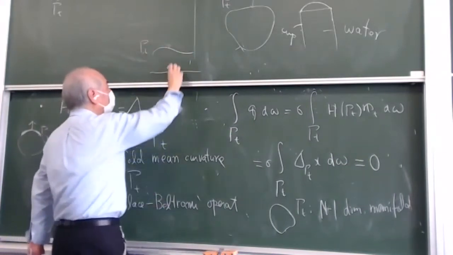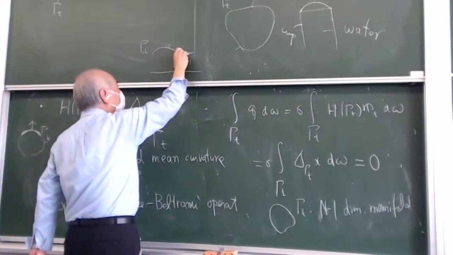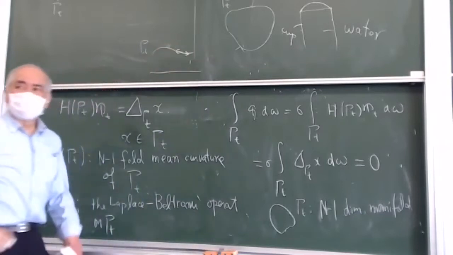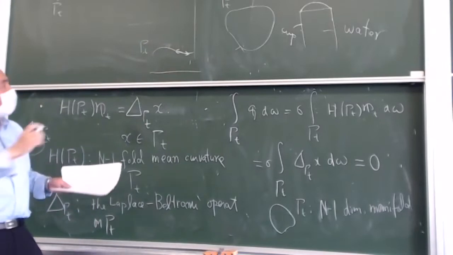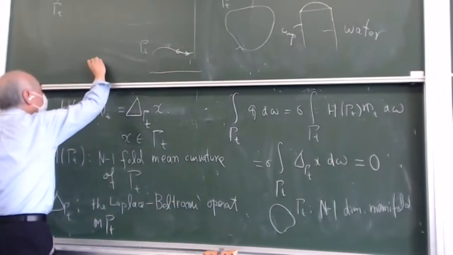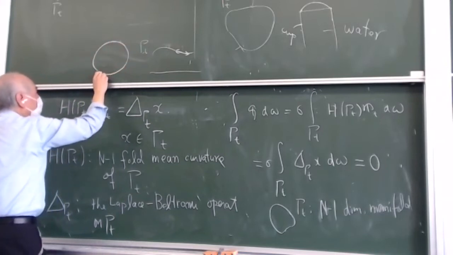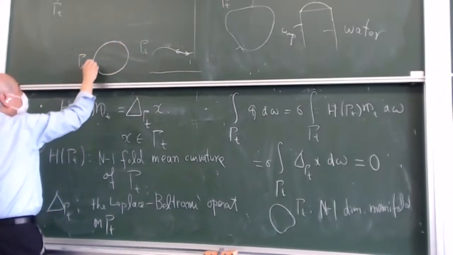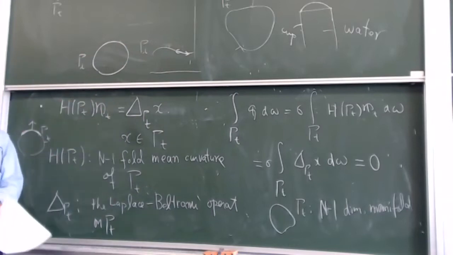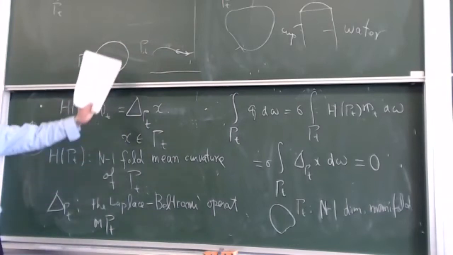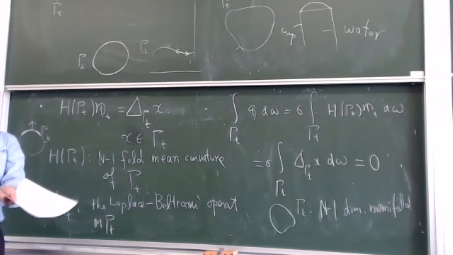Then you can consider the surface tension of gamma t. If, for example, in this case the free surface is convex, then the surface tension keeps the shape of the boundary.